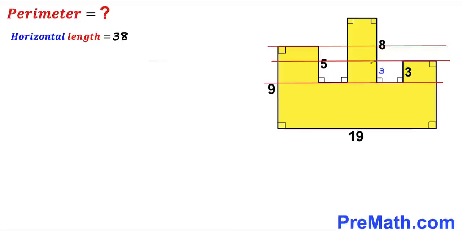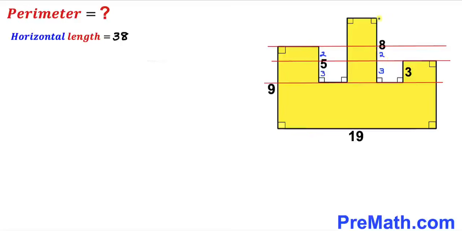We know that this segment length is 3 units, so this segment length is going to be 3 units as well. And if this whole length is 5, then this remaining length is going to be 2 units. So if this length is 2 units, then this vertical length is going to be 2 units as well.